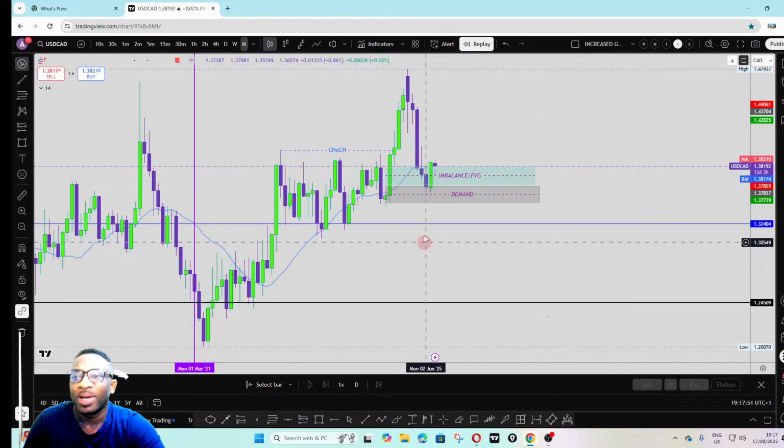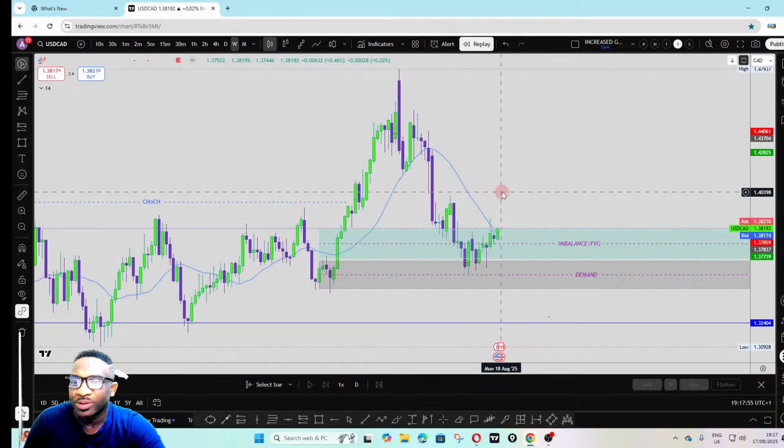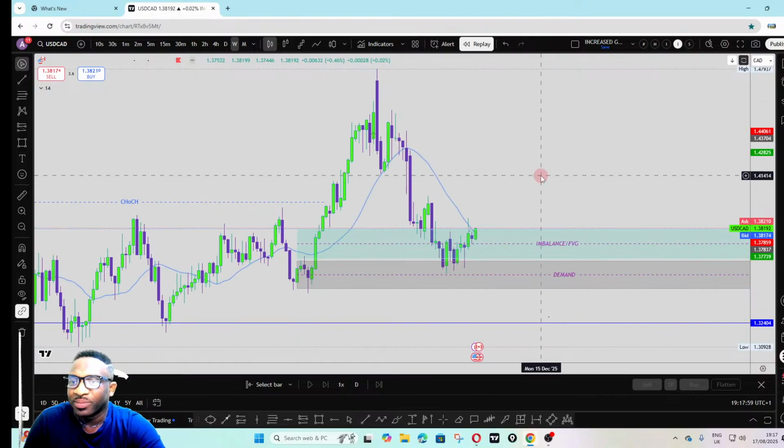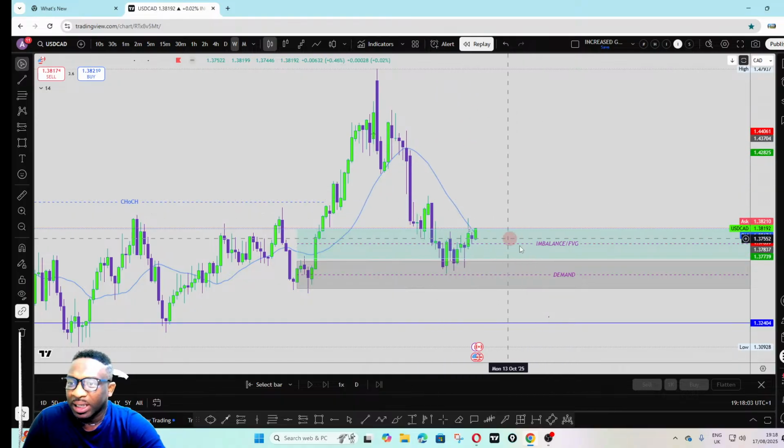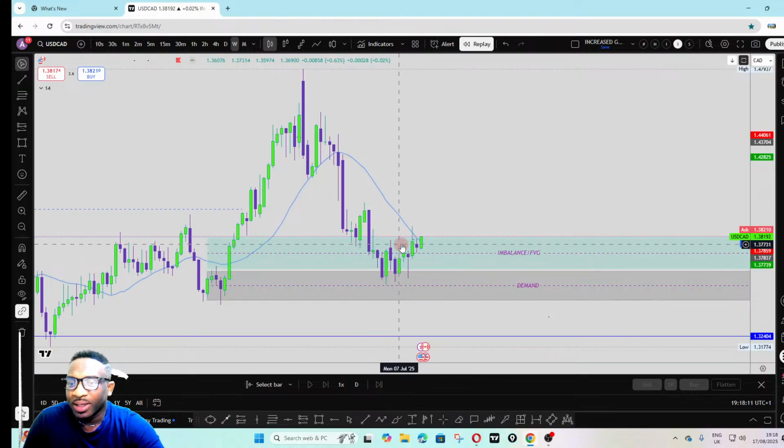So this is the monthly. Let's go to the weekly. So this is the weekly time frame. If we want to say this is the area that we are interested in, first of all, you can target taking a confirmation entry from here.